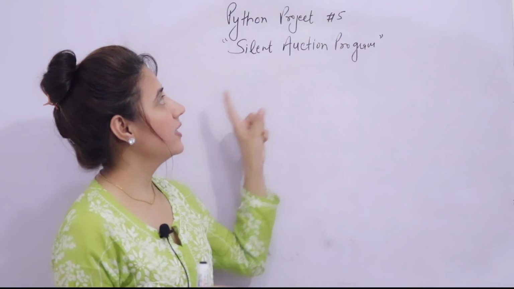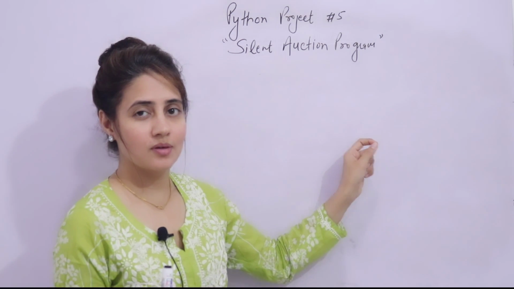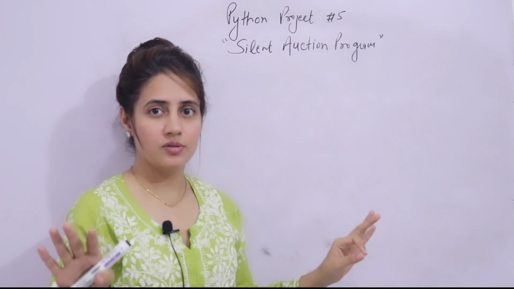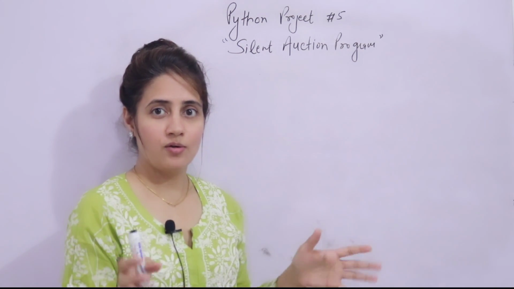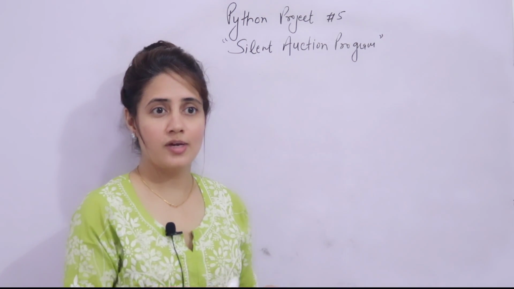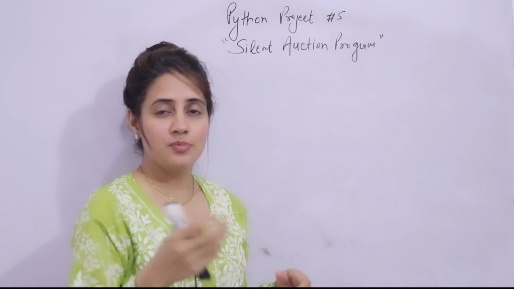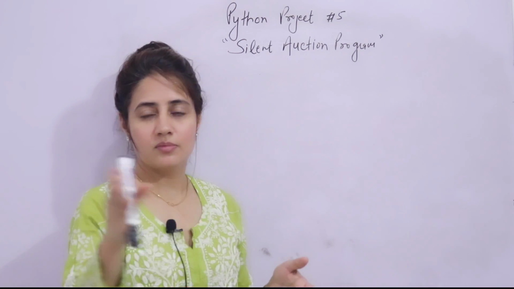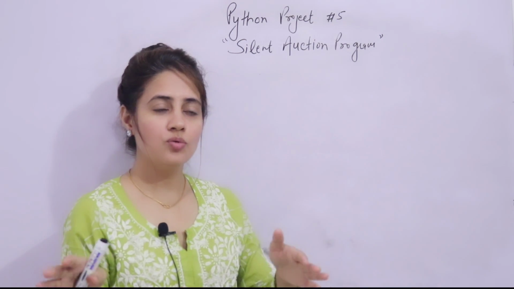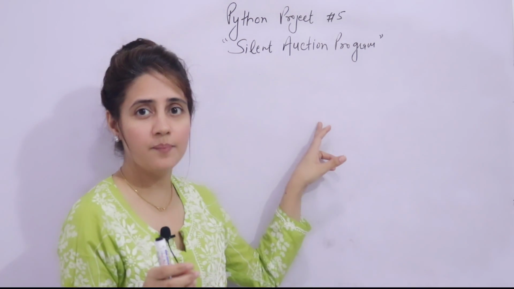We are going to make a silent auction program, or you can say a secret auction program. I'm sure you know what an auction is. You have definitely seen in movies that one auctioneer, the host, is present, and some persons are sitting and they are going to bid, right? And the person with the highest bid is going to win. But in that case, other persons know everyone's bid price. But what is this silent auction program?